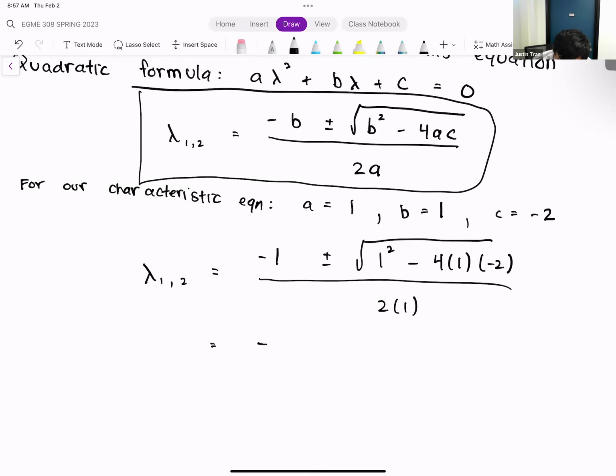We'll go ahead and simplify. So we have minus 1 plus or minus the square root of 1 minus negative 2 times 4, so that's a plus 8. And so underneath the radical here, we have 1 plus 8, so that's going to be 9, divided by 2.